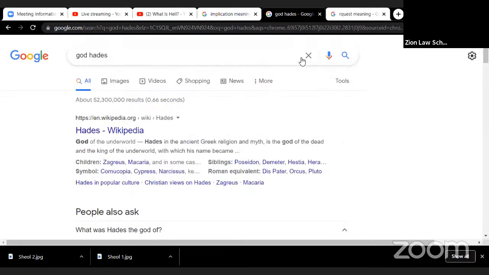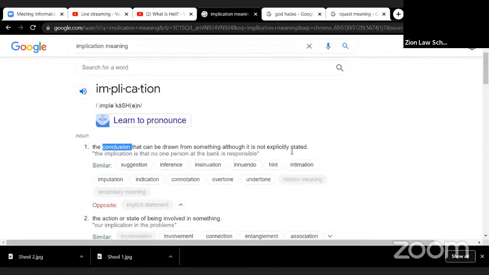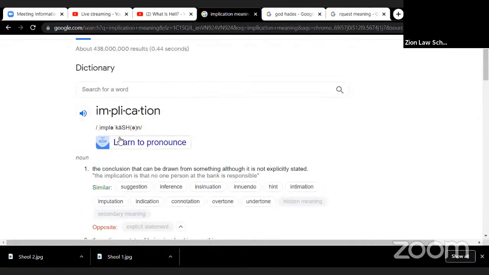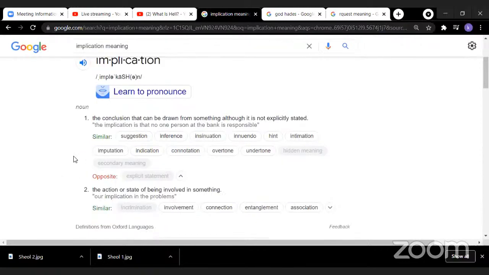So we looked at the word implication. Do you want to present this word, Louis? Implication? Sure. Implication, noun. The conclusion that can be drawn from something, although it is not exactly stated.